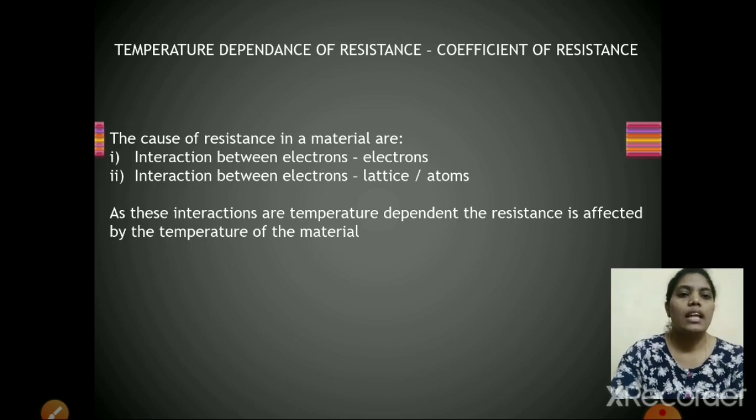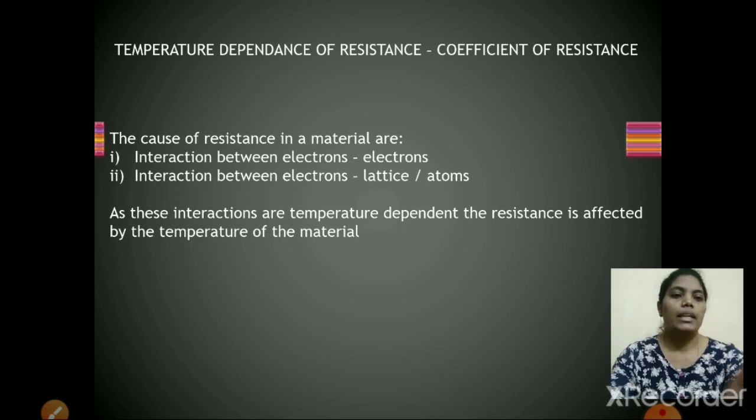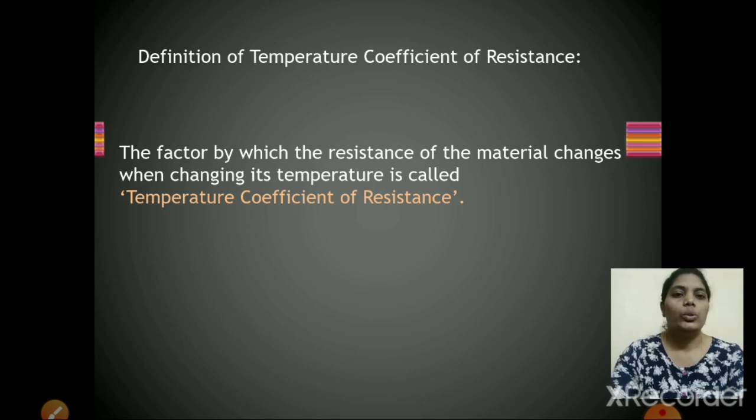As these interactions are temperature dependent, the resistance is affected by the temperature of the material. So the temperature coefficient of resistance is defined as the factor by which the resistance of the material changes when there is a change in its temperature.